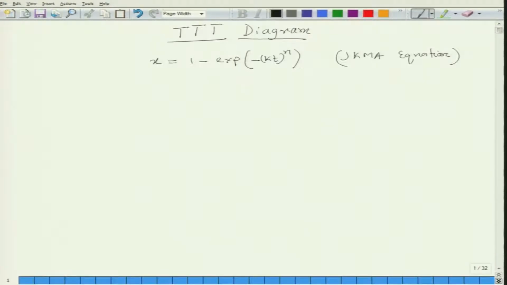There we have seen that K is a function of growth rate V, which is the velocity of the product front growing into the parent material, and I, which is the nucleation rate. And our sole interest was to measure V and I.